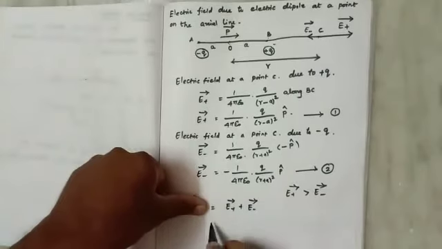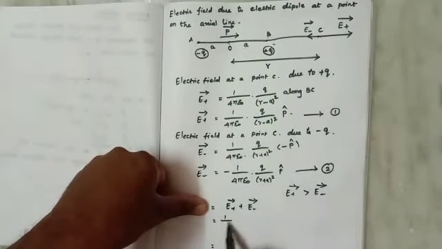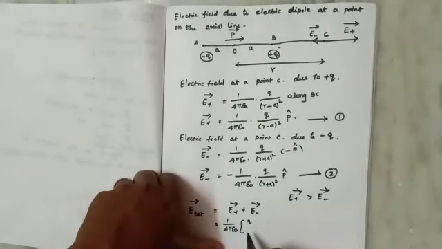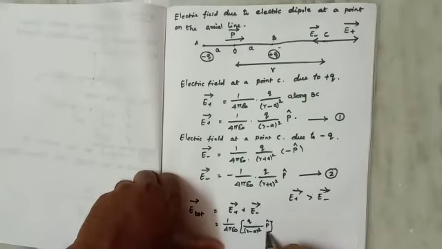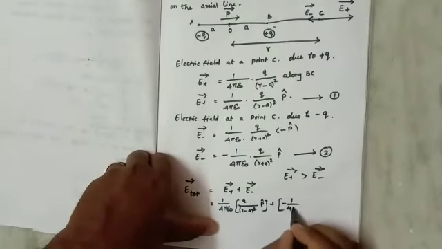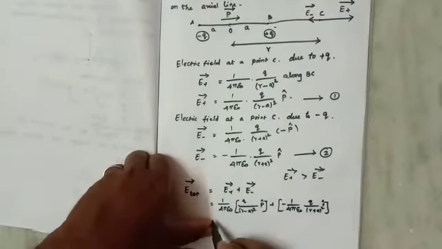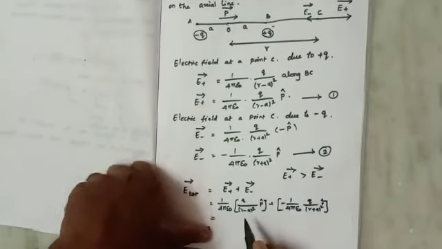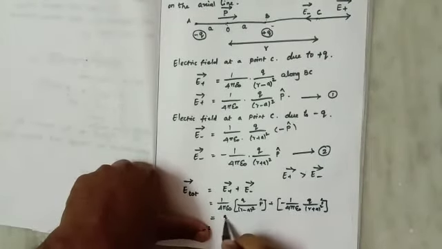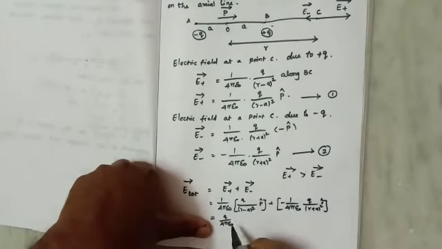Now we can write the E plus vector is equal to 1 divided by 4 pi epsilon naught, Q divided by (R minus A) whole square, P cap, plus, from the second equation, minus 1 divided by 4 pi epsilon naught, Q divided by (R plus A) whole square, P cap. The common values, 1 Q divided by 4 pi epsilon naught, are taken outside.